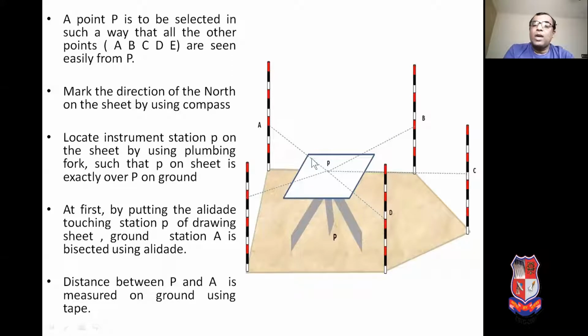So how to find the location of ground station capital A on this line as a small a? So we have to measure the ground distance between instrument station P and the object A. Means we have to measure the distance capital PA by means of tape.